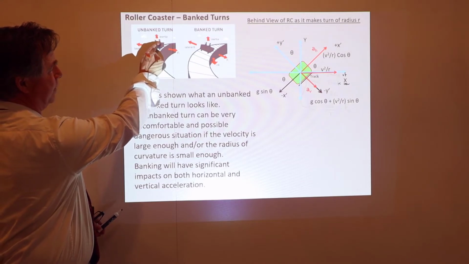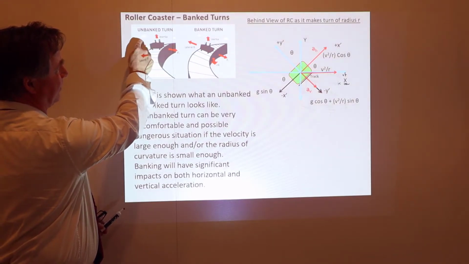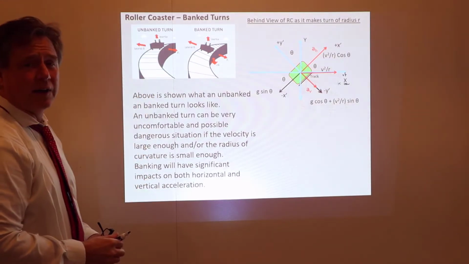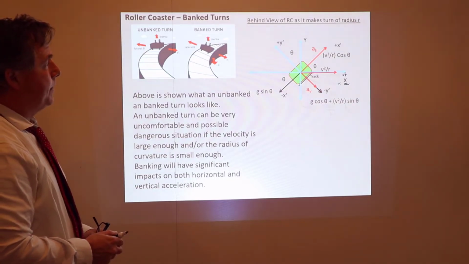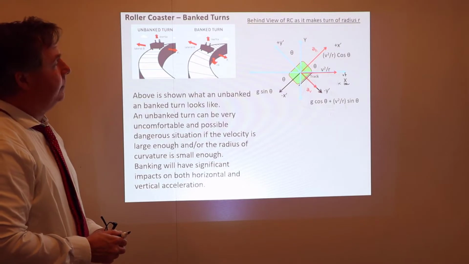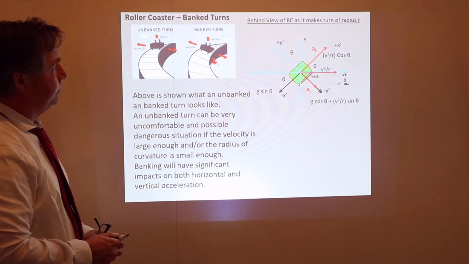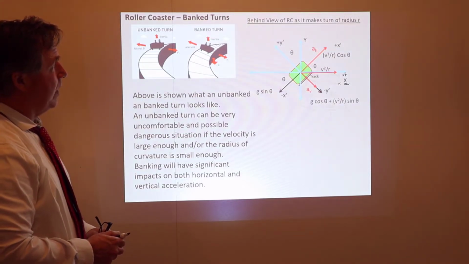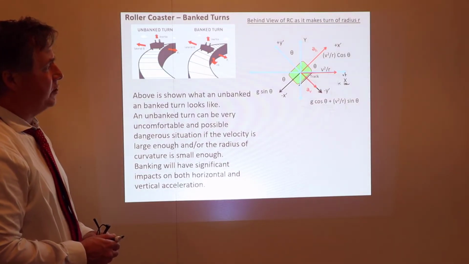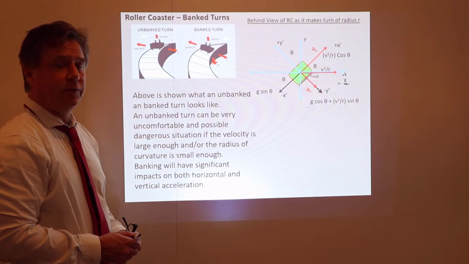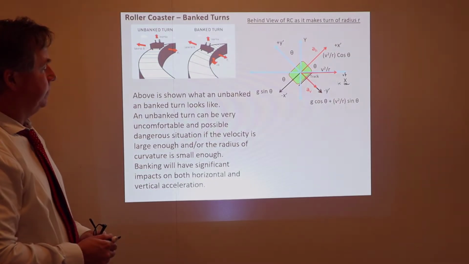It'll slam the person riding the car against this side of the car, and it creates a very uncomfortable and possibly dangerous situation. So what you see more often is a banked turn. Why is a banked turn safer and more comfortable for the passenger? That's what I want to get into in this discussion.